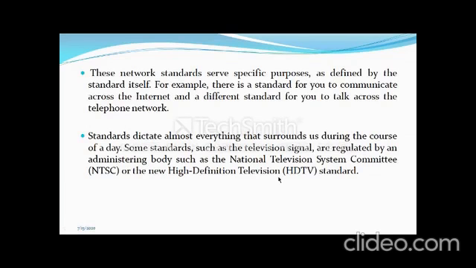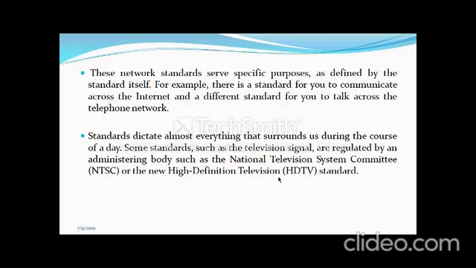What are the network standards? Why are they needed? The network standards serve specific purposes as defined by the standard itself.